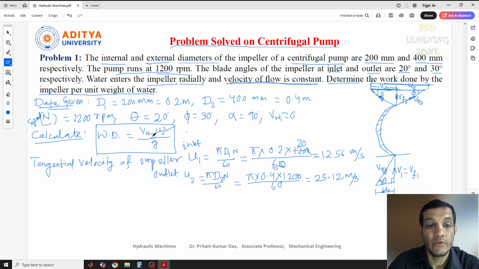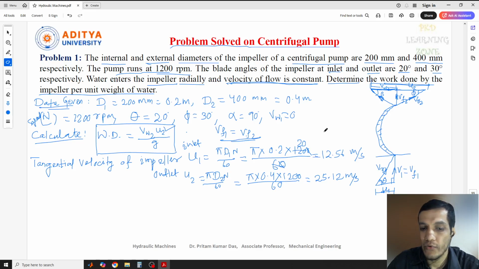Now we are targeting to find out the value of VW2. To find the value of VW2, at least at the inlet condition we can find out some values, so here VW1 is already given as 0. Now at the inlet condition, any other value that can be identified will be helpful for the outlet condition. So here I can say that VF1 equal to VF2.